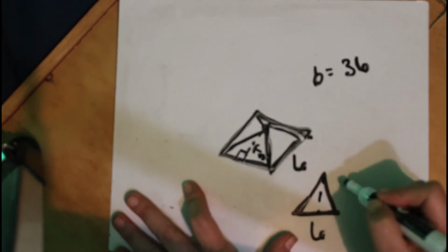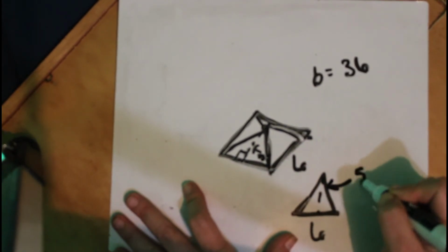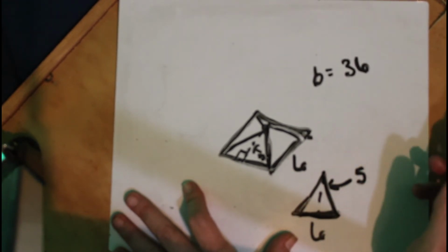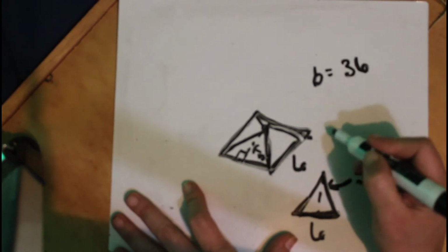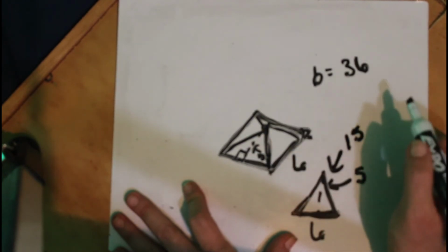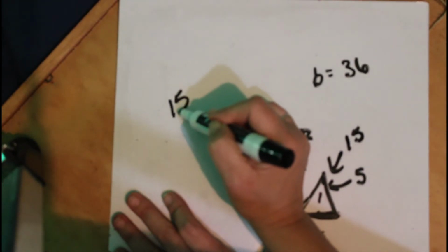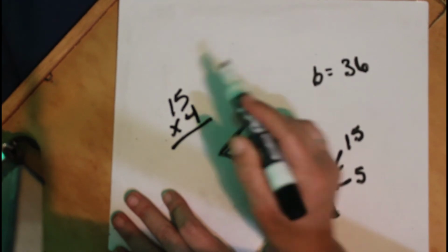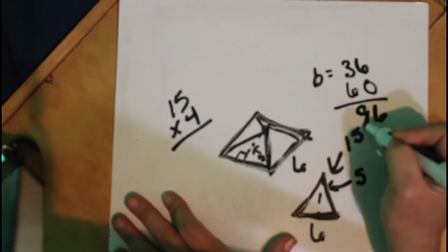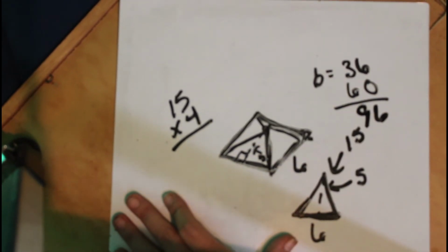So if this is 5 tall, the area of a triangle is the base times the height divided by 2. So 6 times 5 is 30. Divide that by 2, you would have 15. So the area of one triangle is 15, and we have 4 triangles. So 15 times 4, which would be 60. And then we just add that to the base, and we get 96 centimeters squared. So on those, you're going to have to figure out the area of each of the triangles and add that to the area of the base.